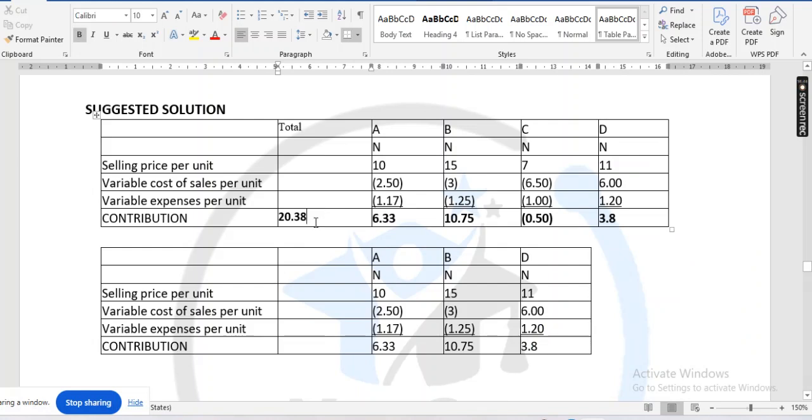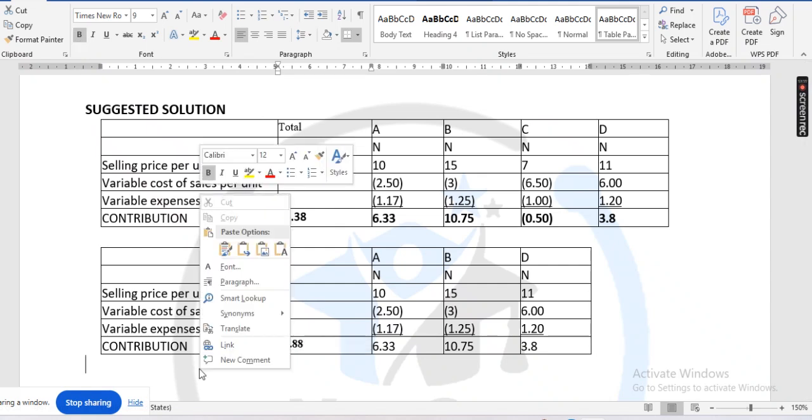Which is 20.38. Now, when you discontinue product C, class, what is now the total contribution? Give me the figure. When you add everything together, 20 naira 88 kobo, right?